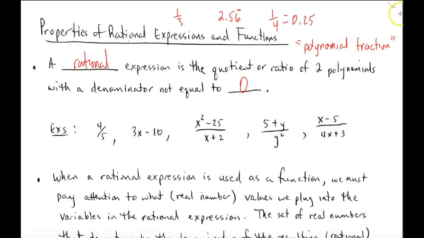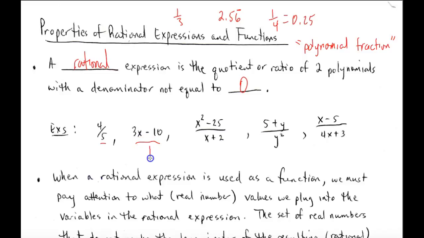So some other examples of what rational expressions would look like are 4/5, 3x minus 10. And so we know that this in general is a linear type of expression, but in the grand scheme of things, we know that any linear expression is under the umbrella of a polynomial. And so this is a polynomial of degree 1.